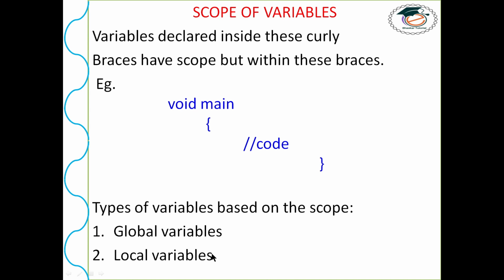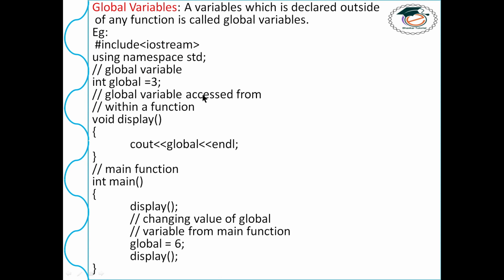Let's see more clearly what a global variable is. A variable which is declared outside of any function is called a global variable. I could not show you in C++ programming, so for that purpose I have shown examples of global variables in this video.